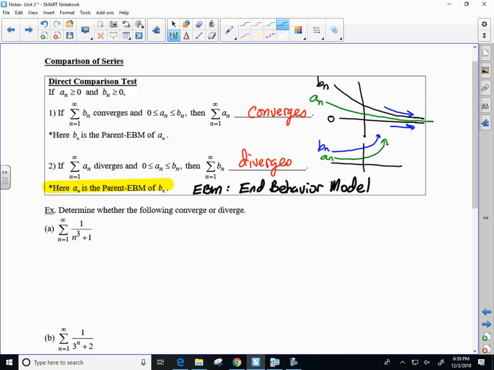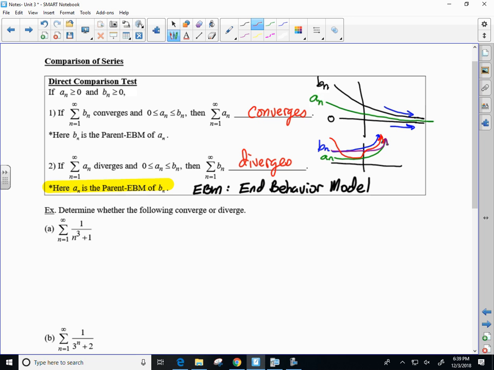Another possibility would be, yeah, maybe you started here and it merged with A sub n. That could happen. Maybe you started up here, came down, touched it once, then came away, then came back in later on.